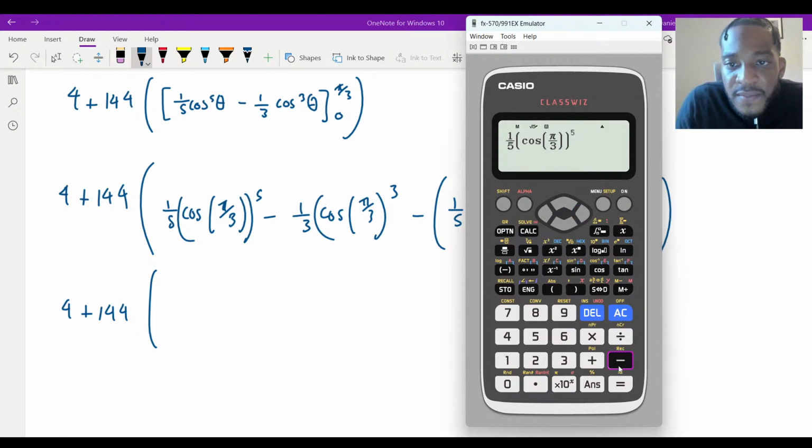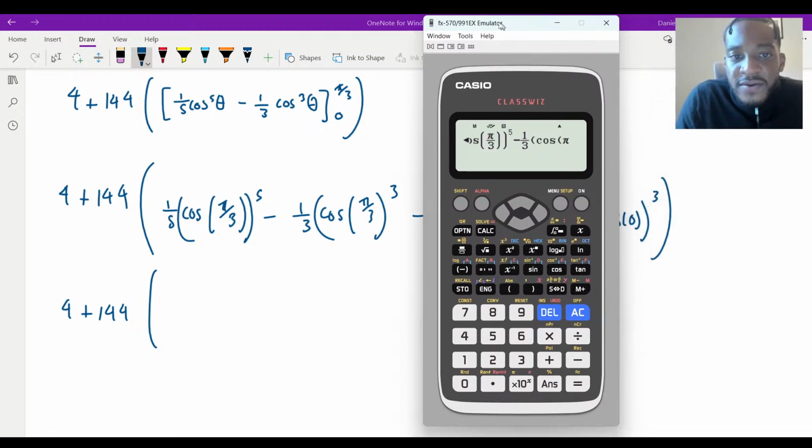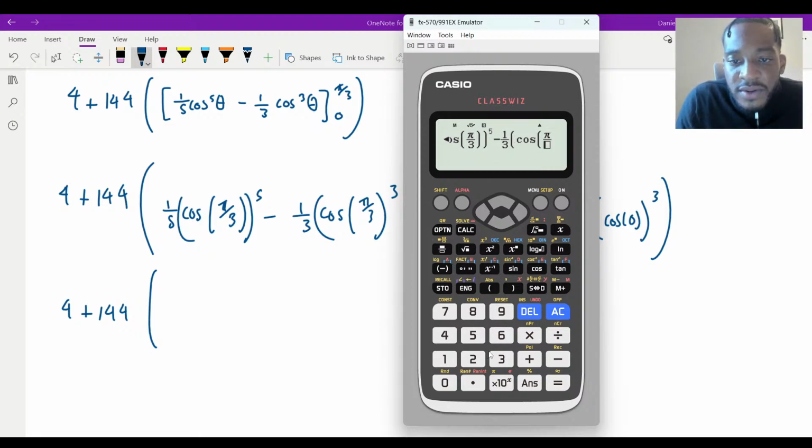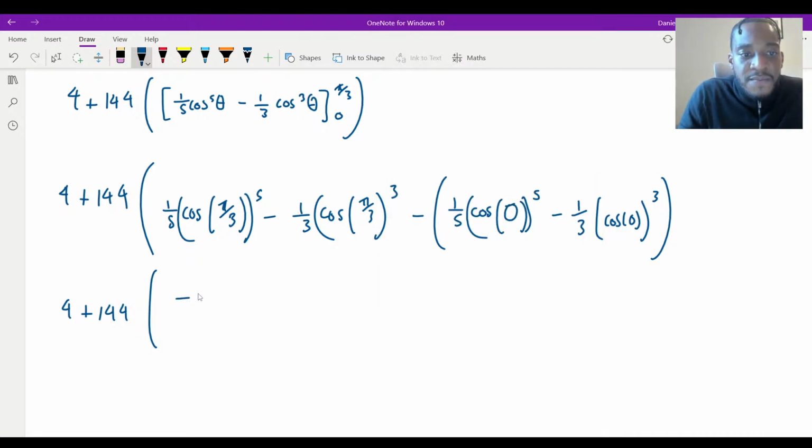Take away 1 over 3 cosine of pi over 3, all cubed, like that. What does that give me? Let me just make sure that's all good. No brackets needed there. Yeah, that's fine. Equals, that gives me minus 17 over 480. Minus 17 over 480, that will give me that part.